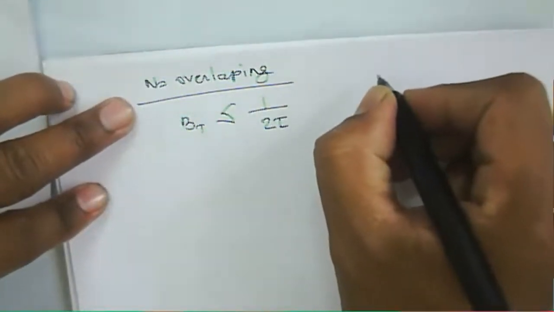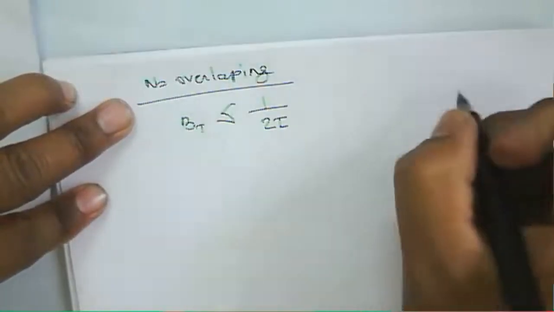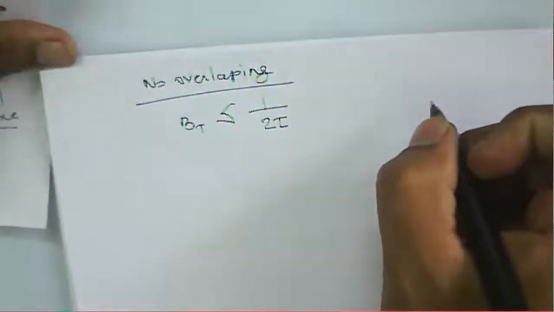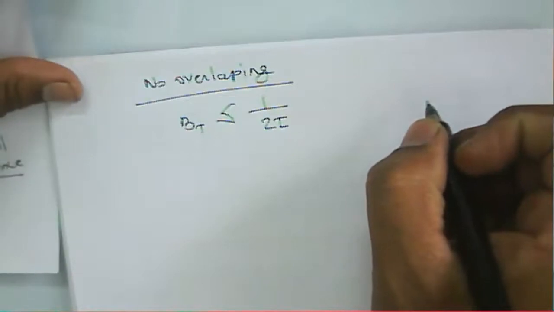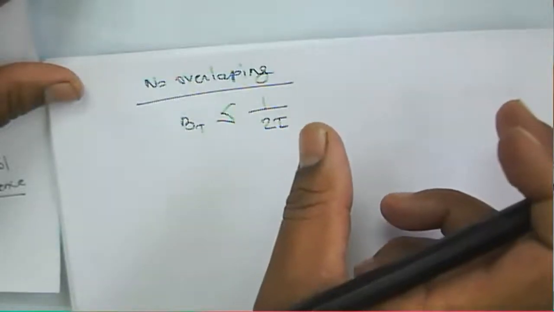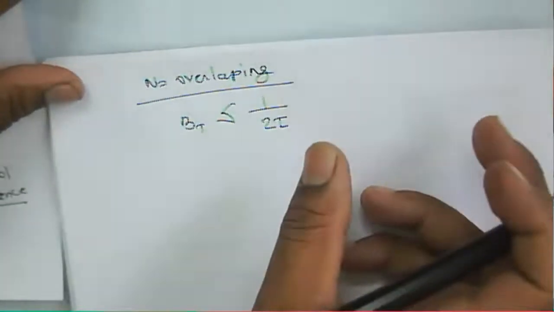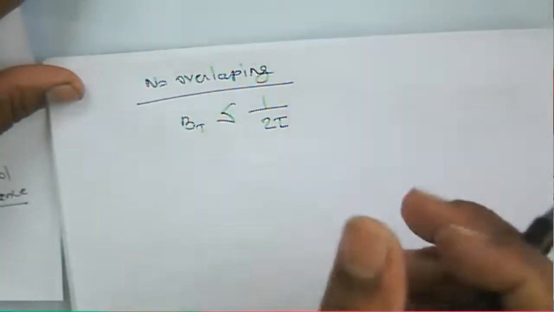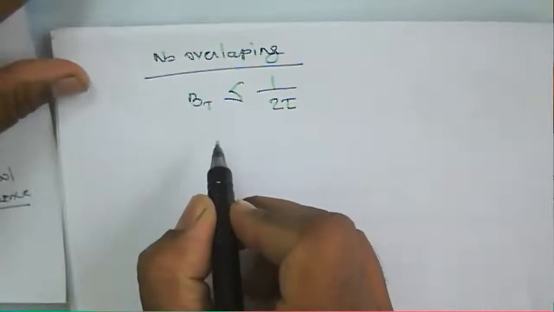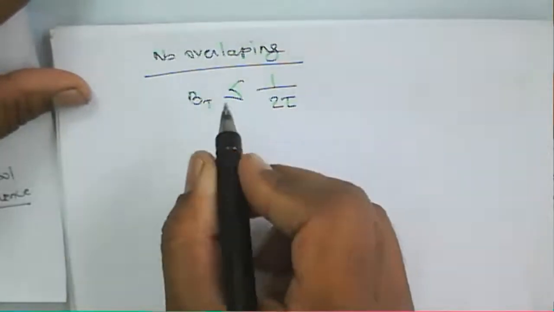Here we consider non-overlapping of pulses propagating through the fiber. Because the pulse broadens through dispersion, that limits the bandwidth, or that limits the bit rate.